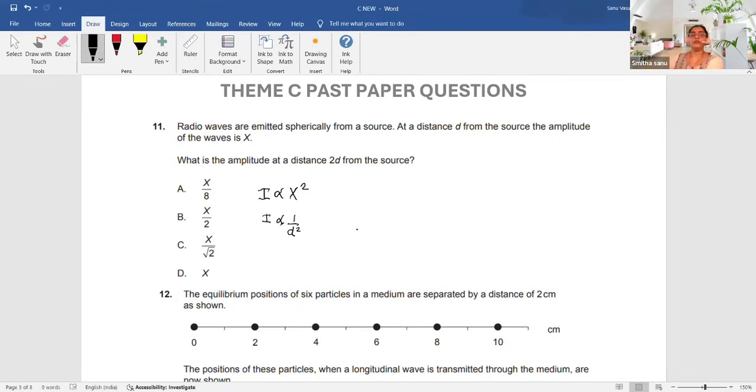For this question, you already know that intensity is directly proportional to square of amplitude and inversely proportional to the square of distance from the source.